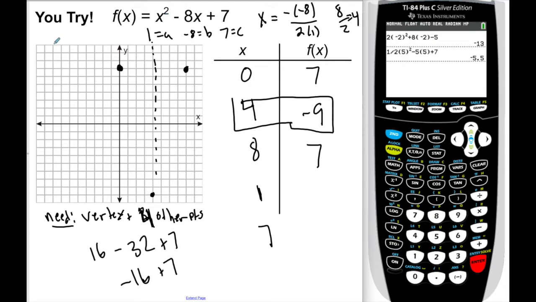So 1 squared is 1. 8 times 1 is 8. So 1 minus 8 is negative 7, plus 7 is 0. So I actually just hit, unexpectedly, the two intercepts. Now, what do we notice here?